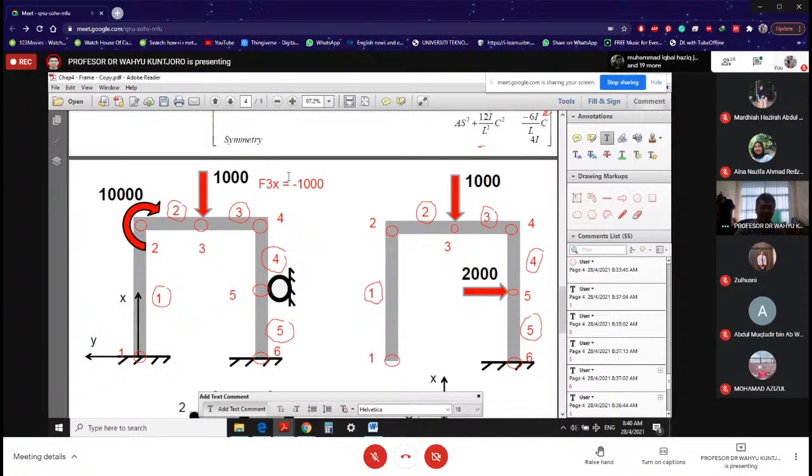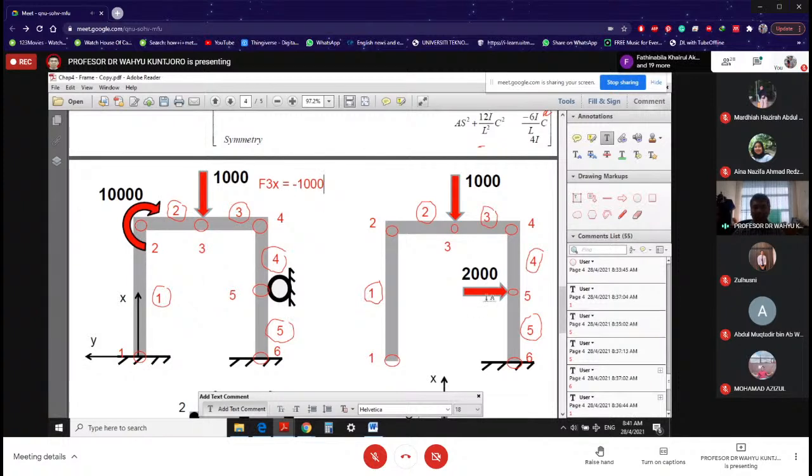I hope you understand that. Look at the coordinate axis direction, and observe that positive is going up. So meaning now that it is going to be negative.